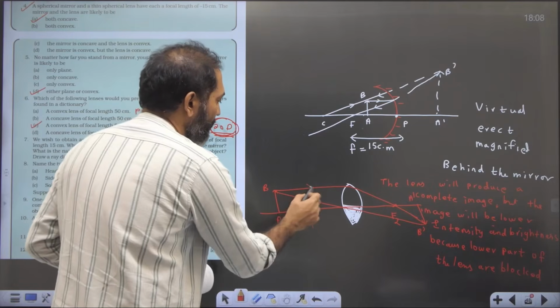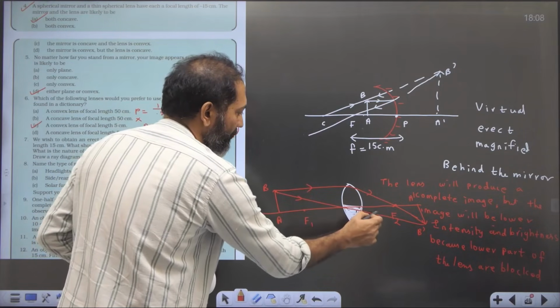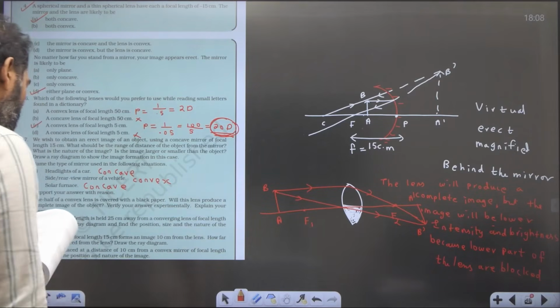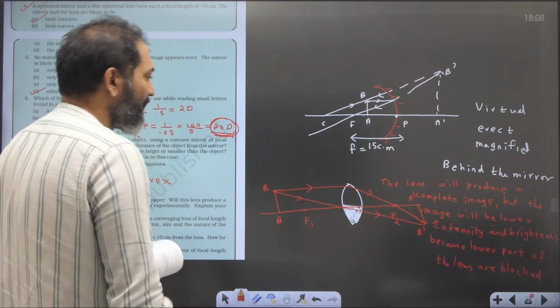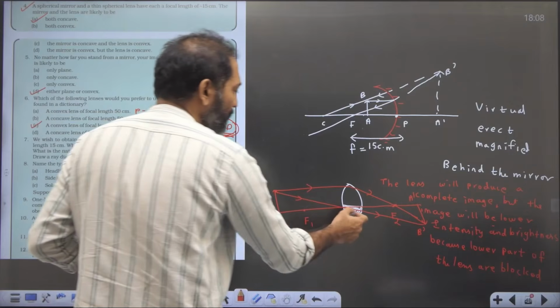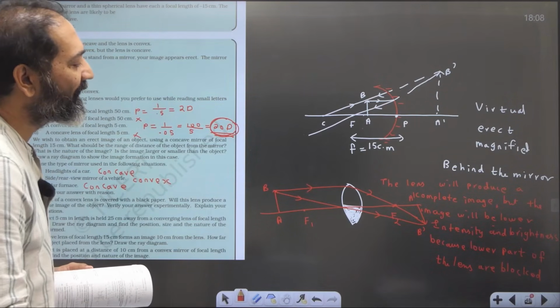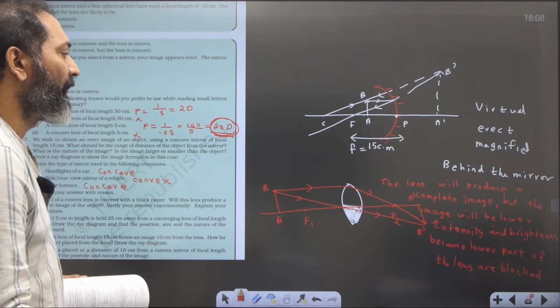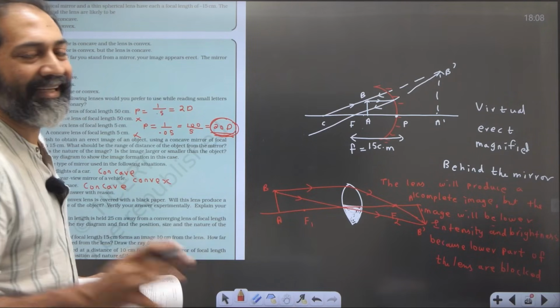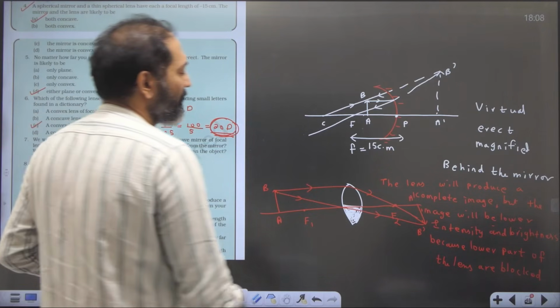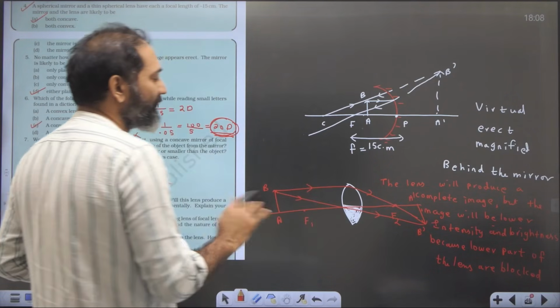This is one light ray, this is another light ray. The image is there, but some part of the light is coming through the covered face, so the intensity will not be there. There will be image formation, but the intensity will not be there. So that is the case when you cover a convex lens with a black paper.